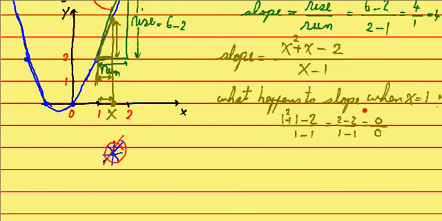So what happens to the slope when x becomes equal to 1? This is meaningless. Zero over 0 is a meaningless expression. So what do you do instead?